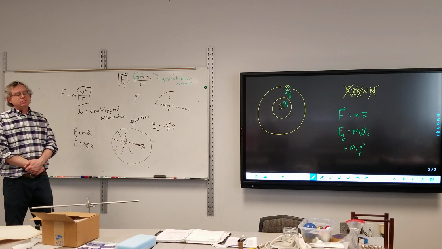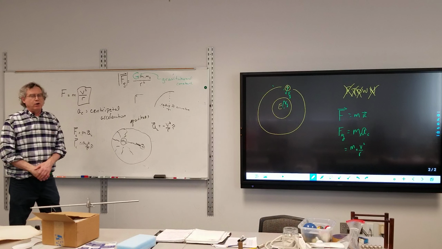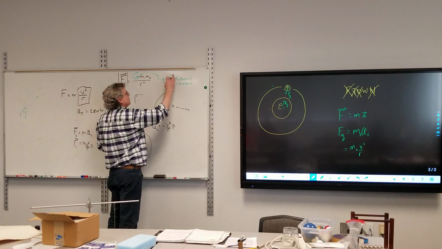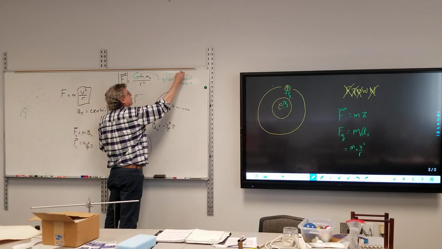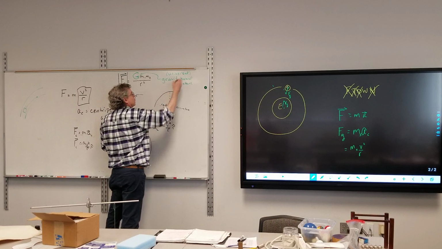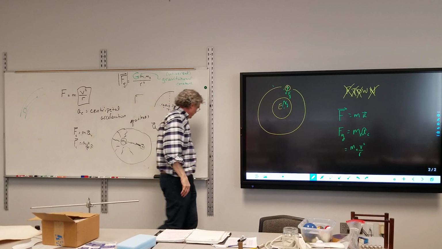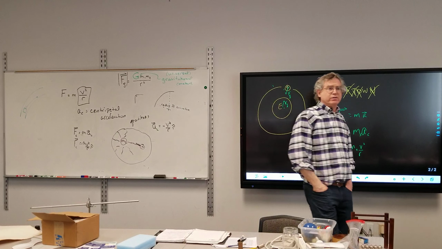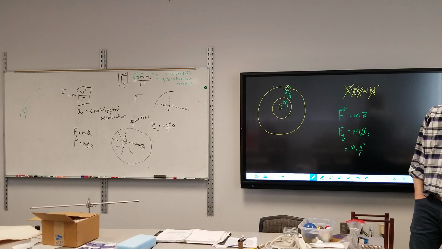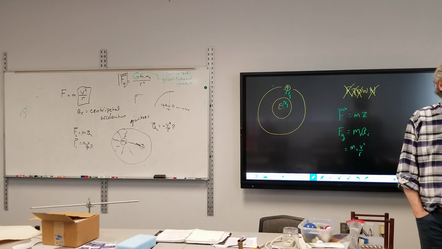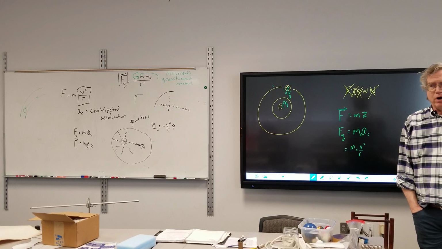Some textbooks, and I don't know many today that are still saying this, but in case you run across it, I'll put this in parentheses, the universal gravitational constant. Some textbooks used to call it that, which was rather arrogant of us to say that it is true for the entire universe. All we can do is say it seems to be true right now where we are.